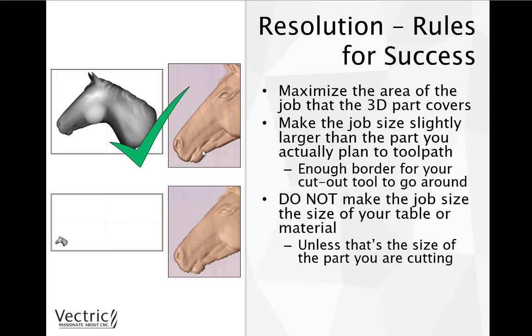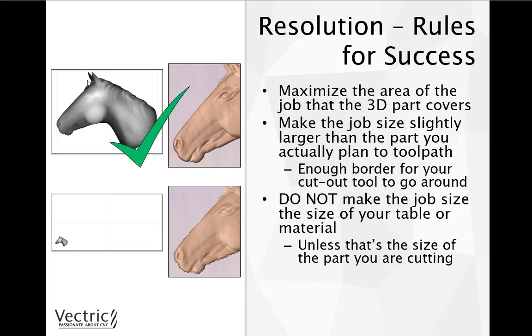If we look to the right, we can see the quality difference it makes to both of those models. At the top, you can see that we've got a very high quality model, and that's because we're maximising the number of pixels or points within this work area.